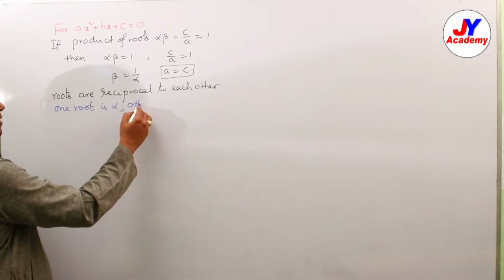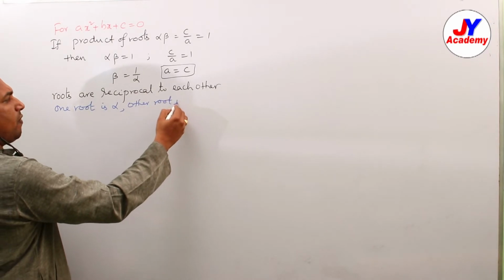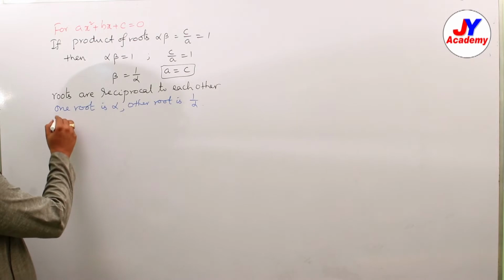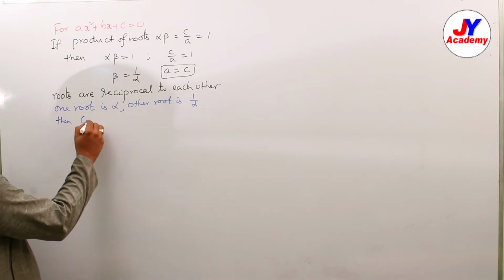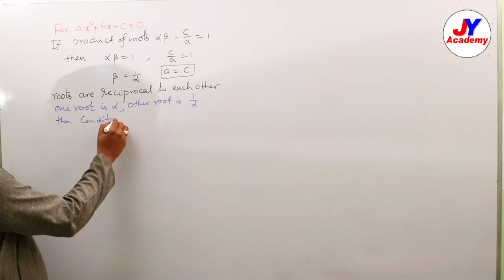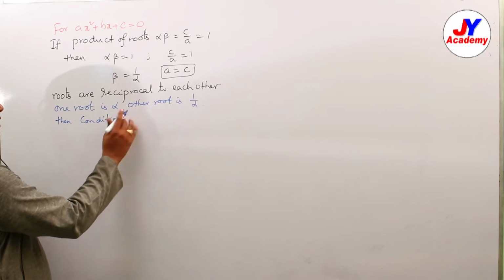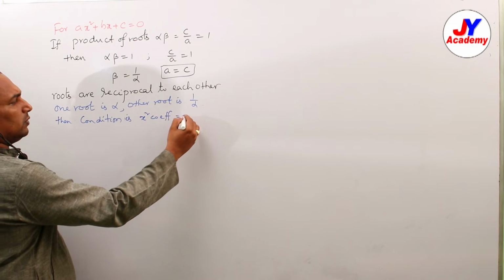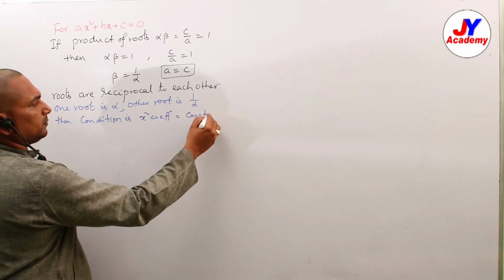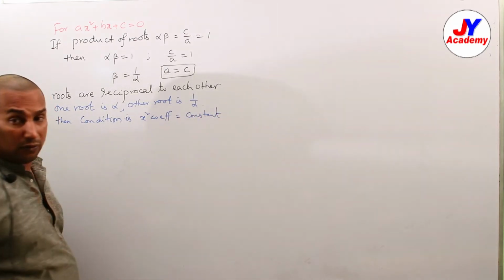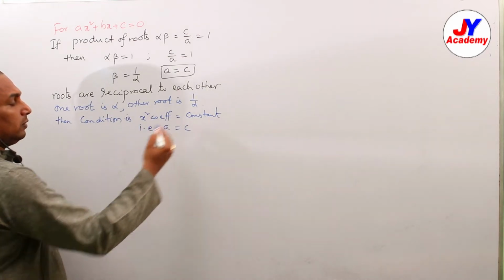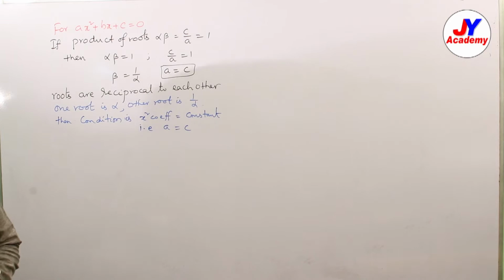Then what is the condition? The condition is x square coefficient is equal to constant. That is a is equal to c.